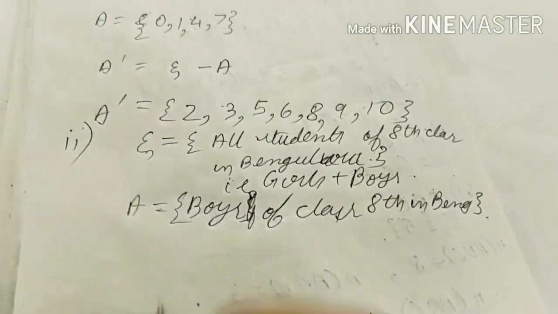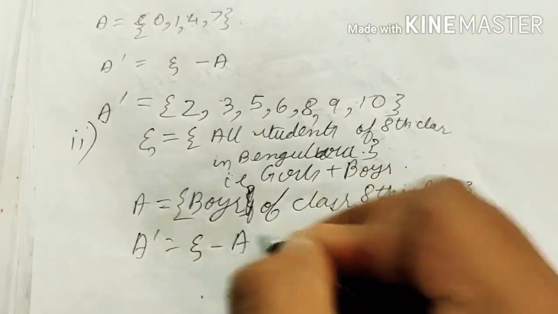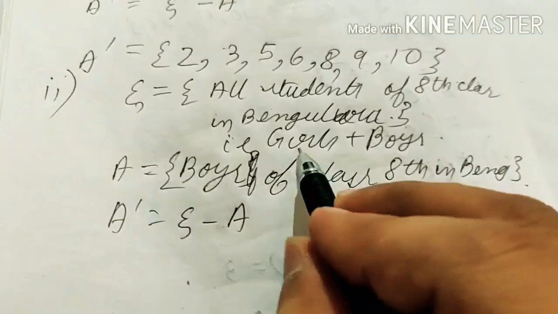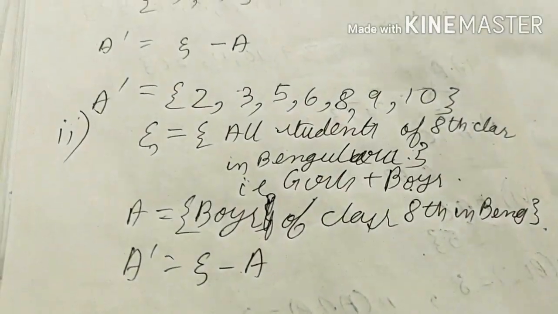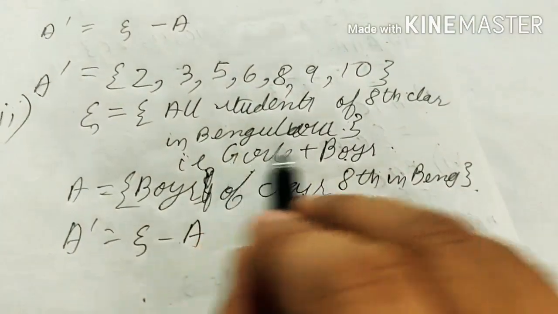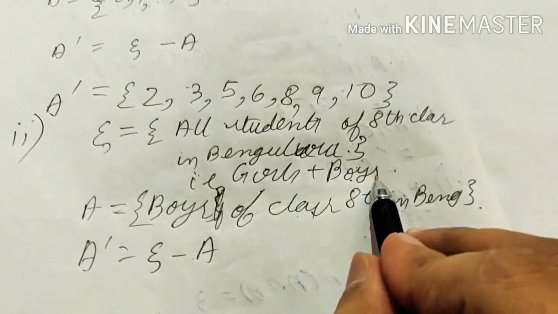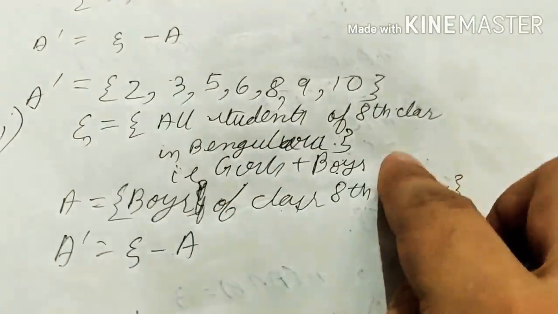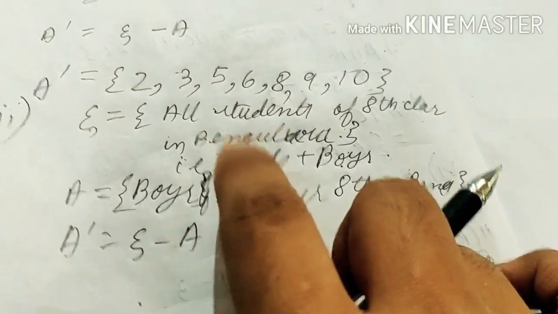Okay, and we have to find A complement, that is universal set minus A. The universal set contains boys plus girls in the school, and A set contains only boys, so we have to eliminate boys from boys plus girls. Eliminating boys from boys plus girls, we will only be left with girls.